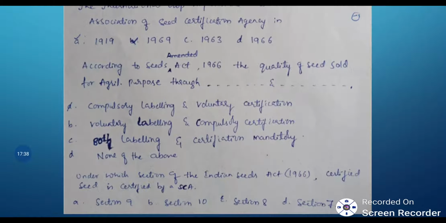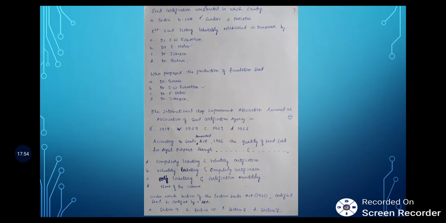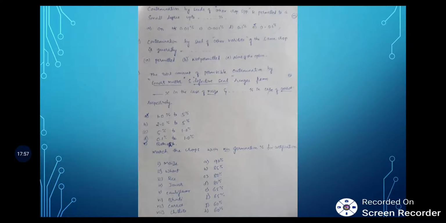Next is, under which section of the Indian Seeds Act 1966 certified seed is certified by a SCA? The section we should name here. The section related to this is section 8. Next question.